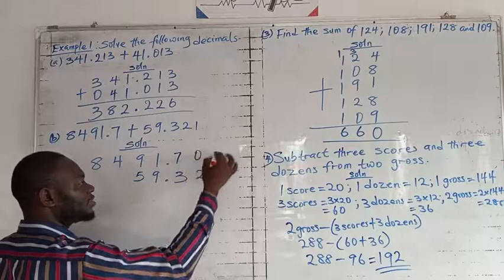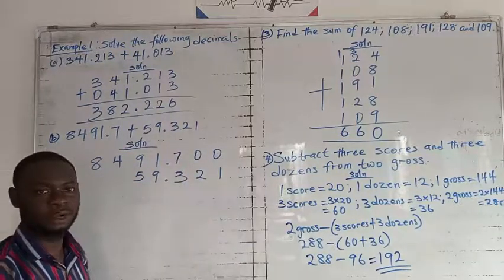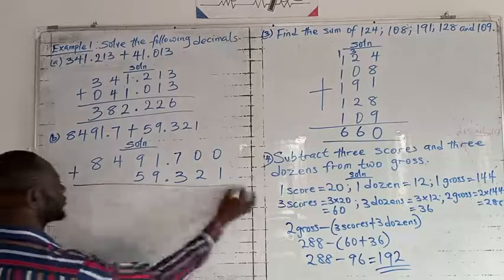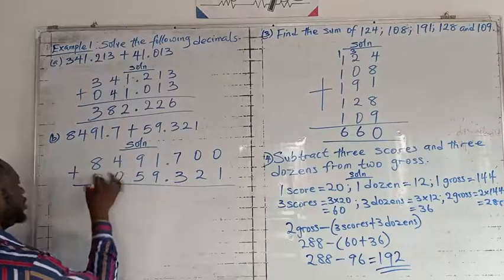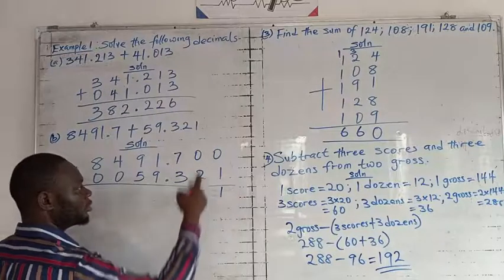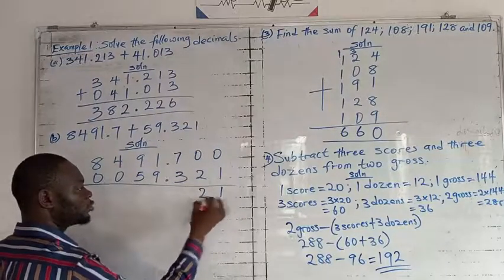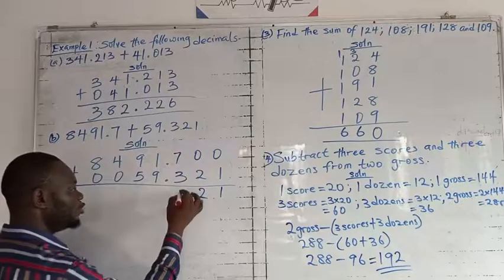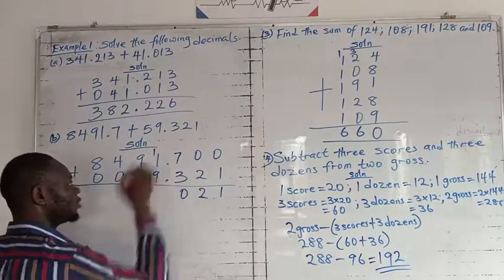Now we can have 0, 0 here. Alright? Then let's add. If we like, we can fill here with zeros. 0 plus 1, 1. 0 plus 2, 2. 7 plus 3, 10. We write 0 and carry 1.